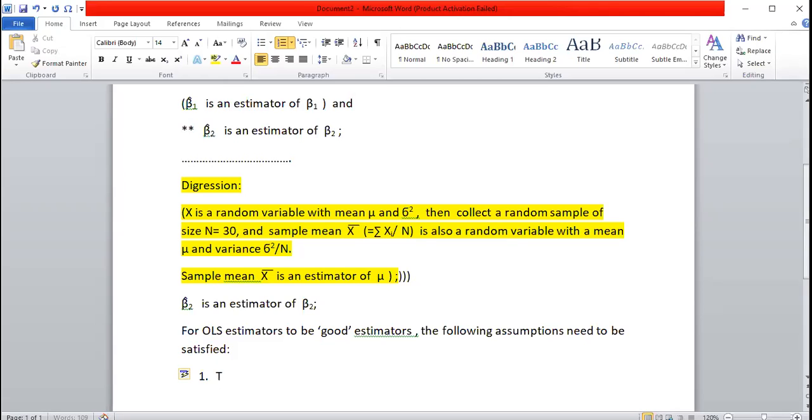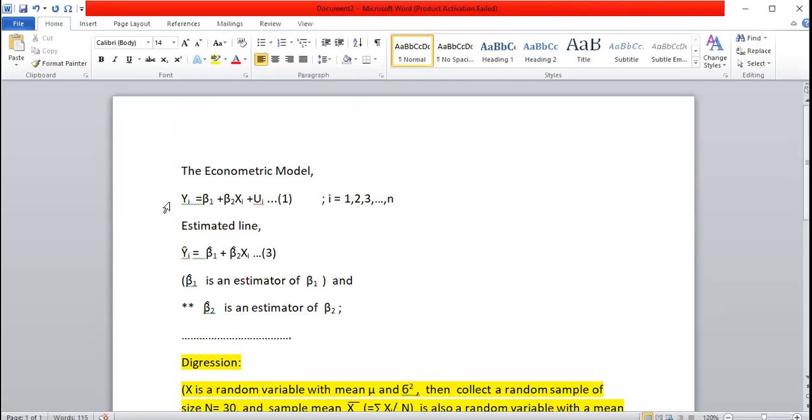Assumption number 1, the econometric model is correctly specified. What is the model, by the way?